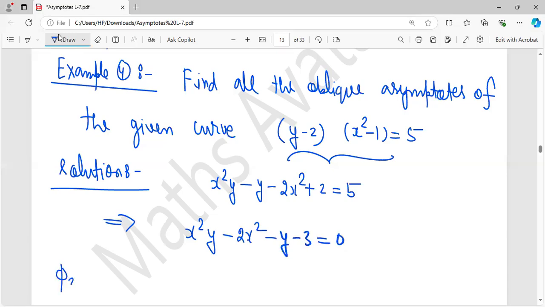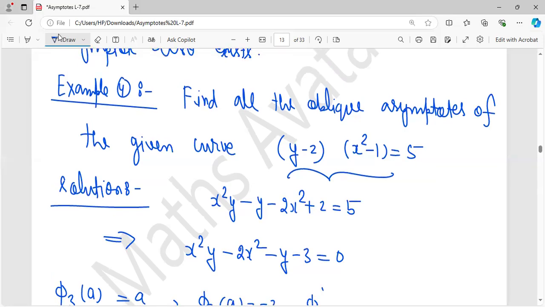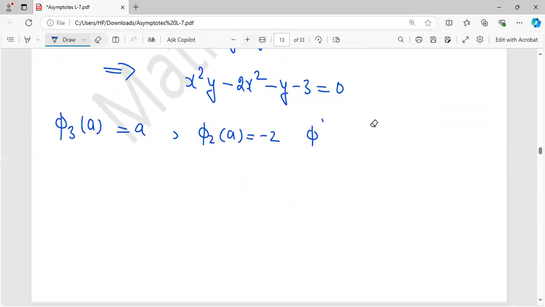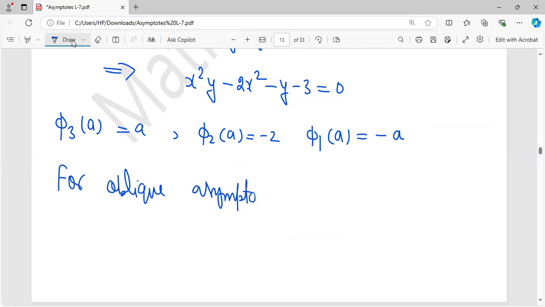So what is phi 3 A here? That is A. Phi 2 A is here minus 2, and phi 1 A is equal to minus A. Okay, for oblique asymptotes, we have phi 3 A is equal to 0.